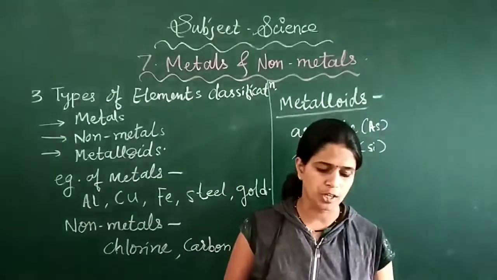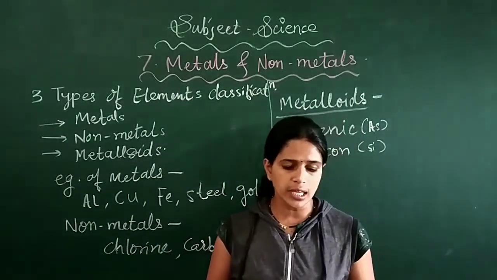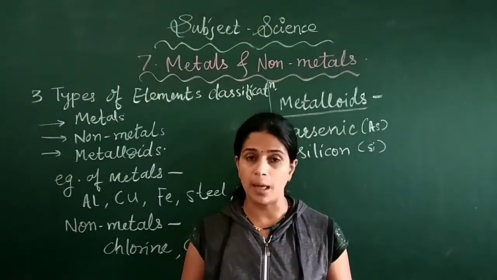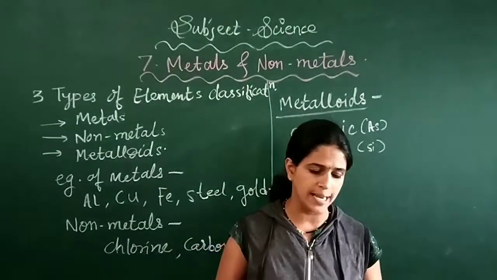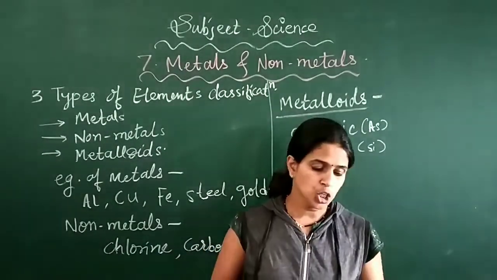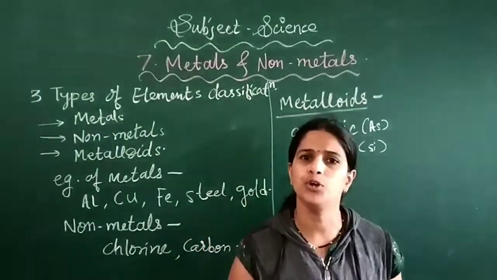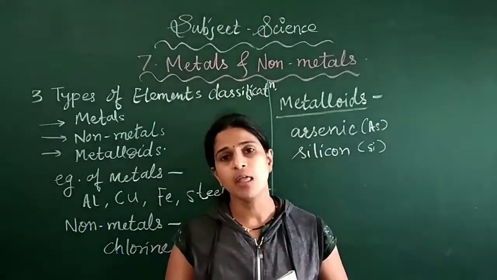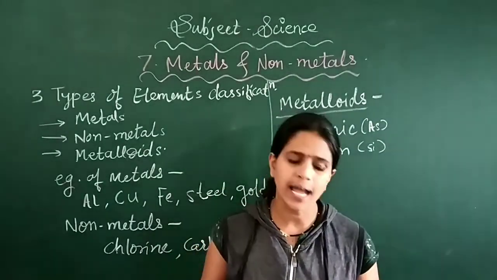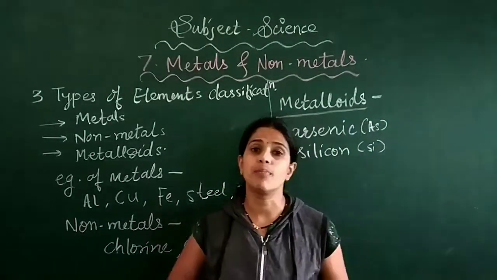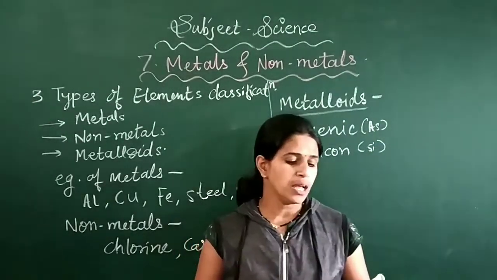All the objects or materials in the world are made from elements, compounds and their mixtures. Okay, so all the objects which you can see around you are made up of either a compound, or an element, or a mixture.